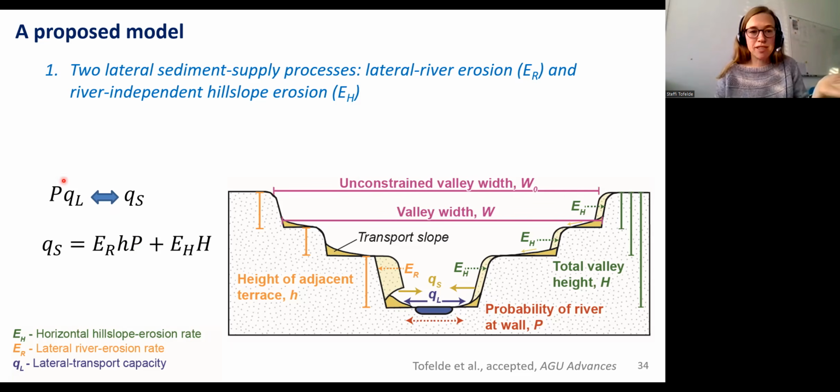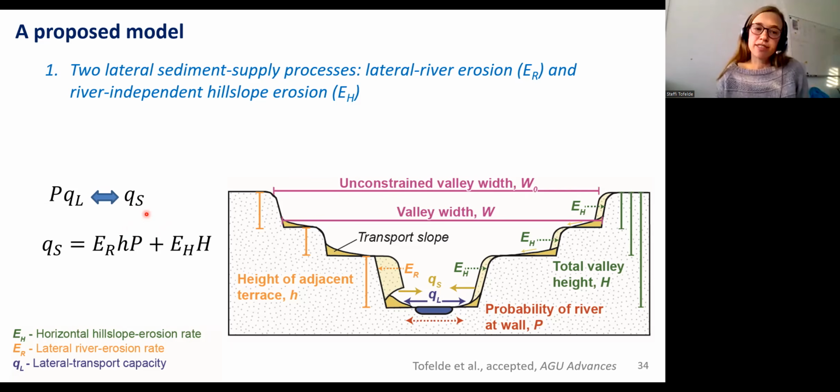That is described here by this product of P and Q_L: the lateral transport capacity of the river times the probability that the river is actually at the side of the valley. On the other hand, we have the contrary process, lateral sediment supply that comes in and protects the wall from further widening. That's the same idea that we had before.